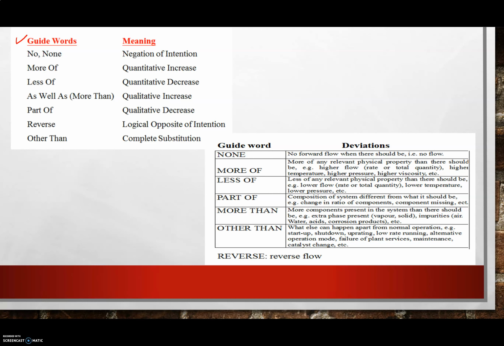Less is a quantitative decreasing amount. These guide words can be referred to in your textbook. We just introduce what is the guide word for you: none, more, less, part of, more than, other than, reverse, and so on.